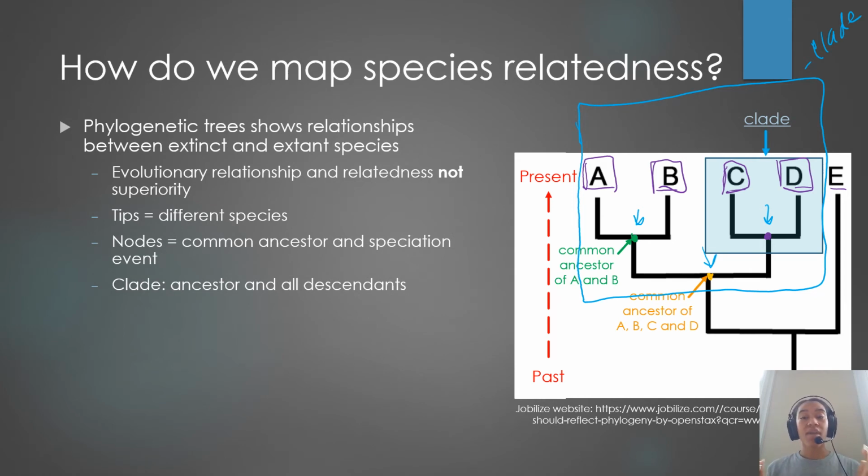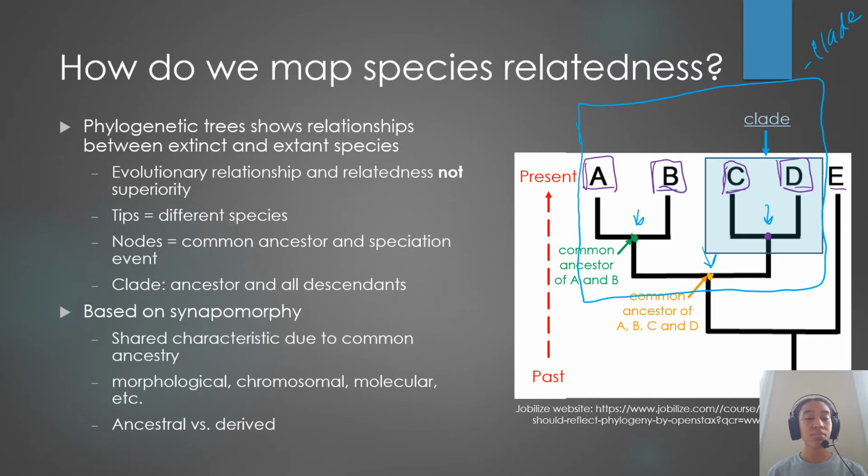You can also have A and B as a sister group to C and D, and they share the common ancestor that is represented by the orange dot. So sister groups are important when you're looking at phylogenetic relationships among species to compare their characteristics.